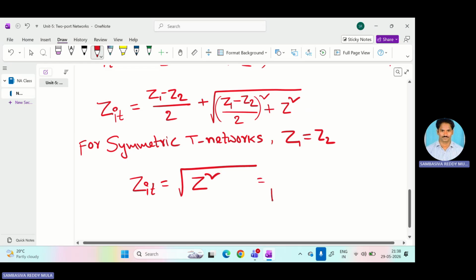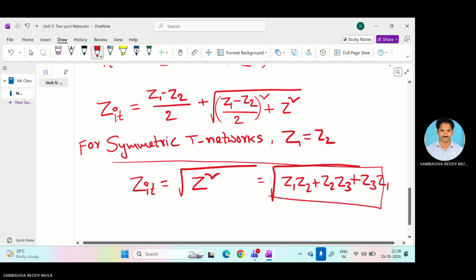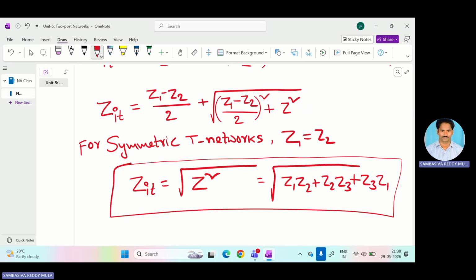So here what is Z square? We know Z square is Z1 Z2 plus Z2 Z3 plus Z3 Z1. So this is the expression for ZIT.